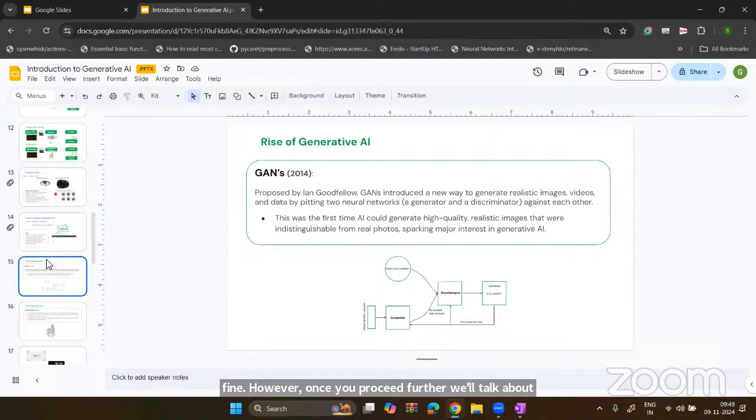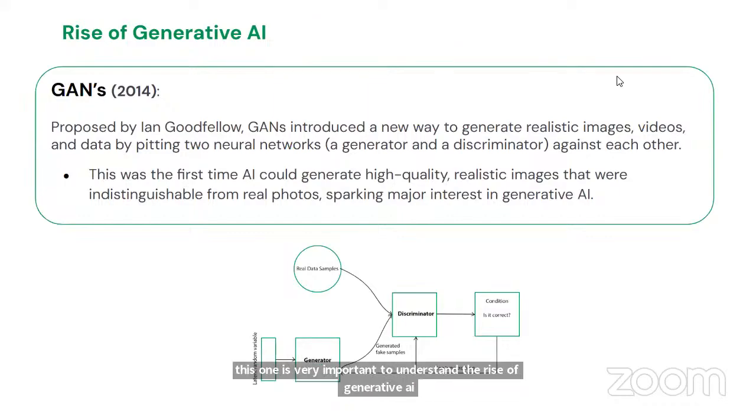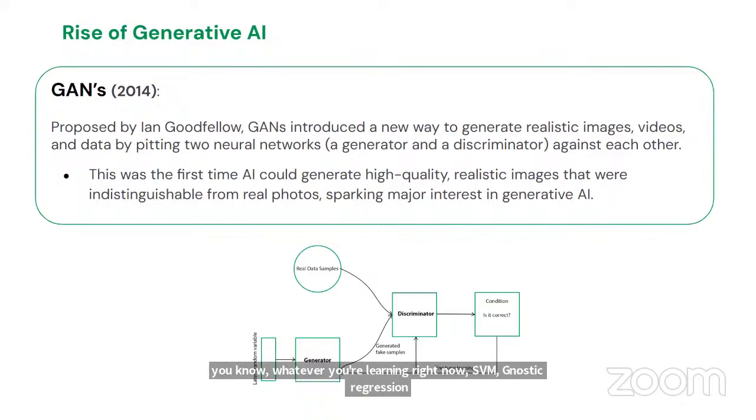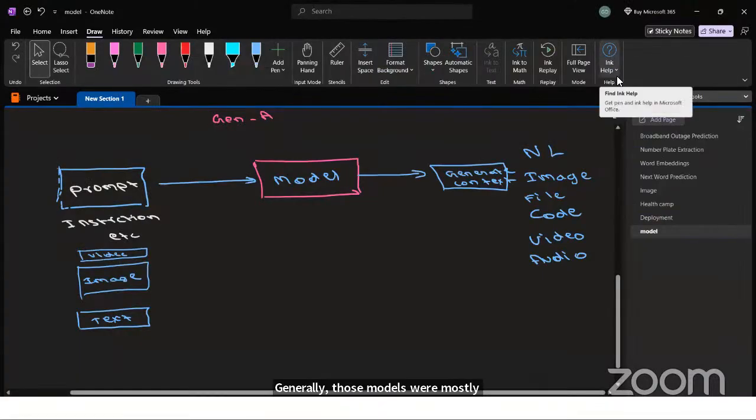Right. Now this is very important to understand the rise of generative AI. So see, before 2010, most of the people were using machine learning models, like whatever you're learning right now: SVM, logistic regression, decision tree, random forest. Generally those models were mostly used up to 2010, 11, like that.